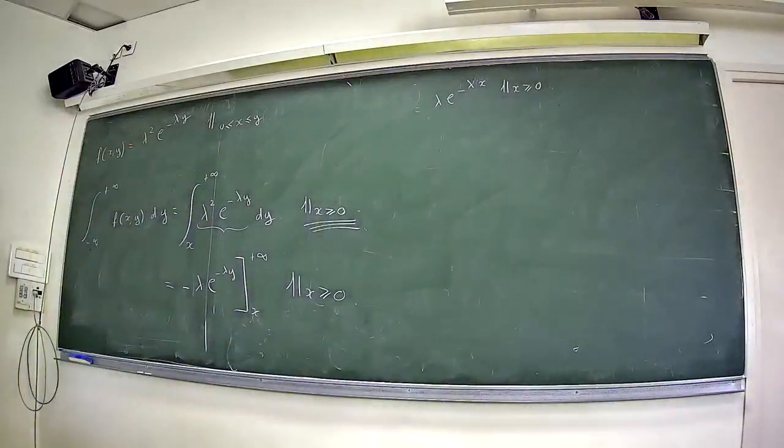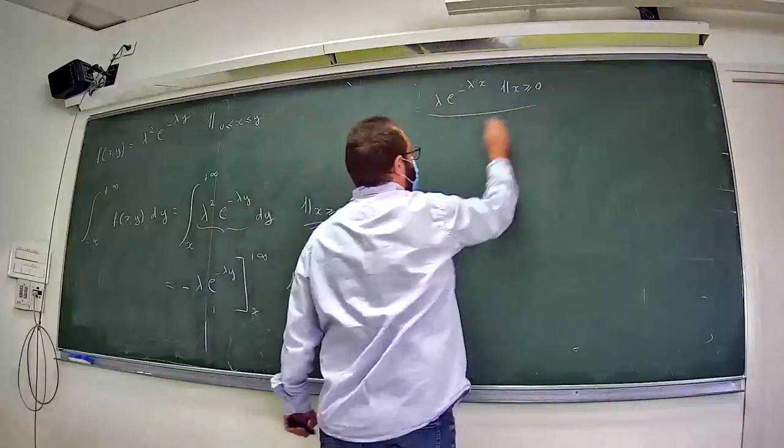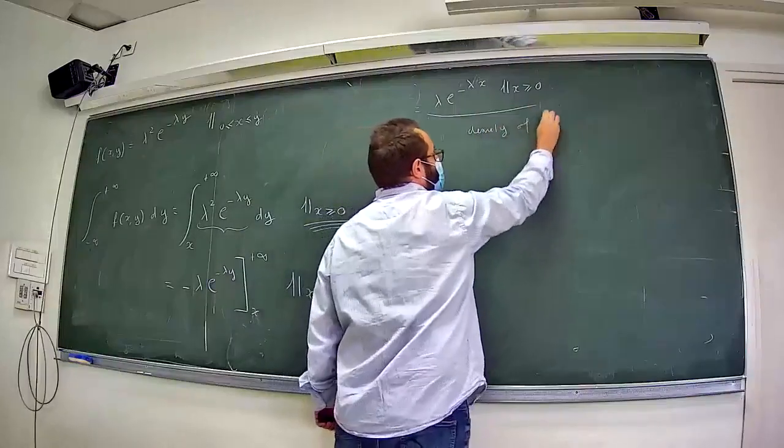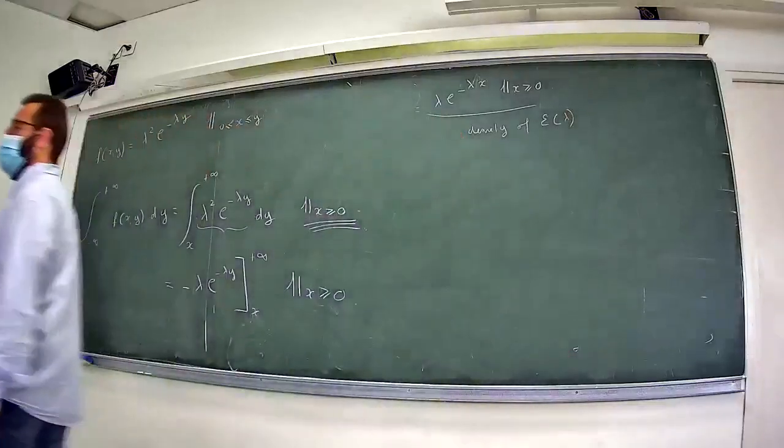You know what I have obtained here. Yes, it's the density of an exponential of parameter lambda.